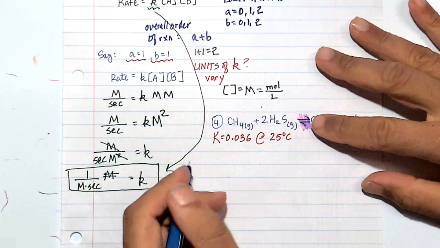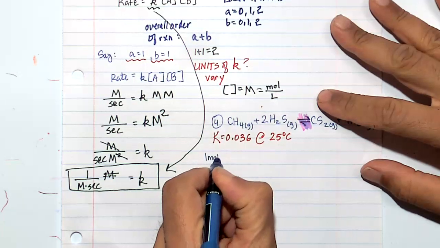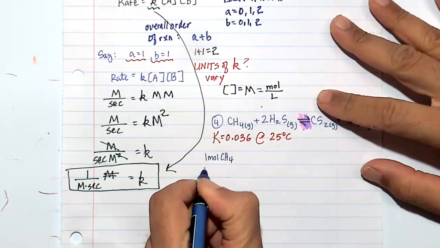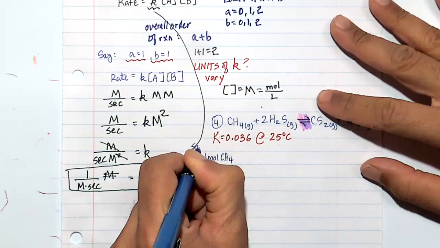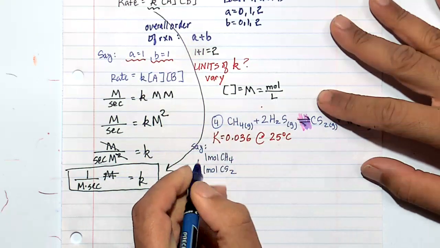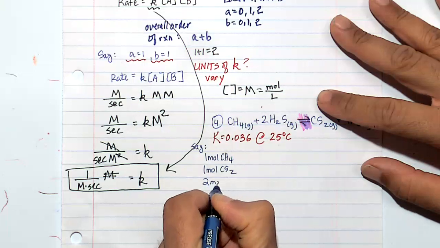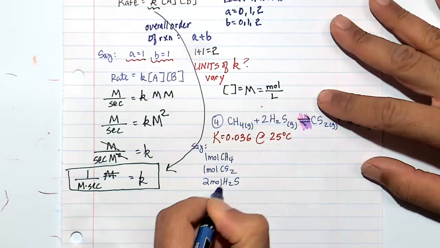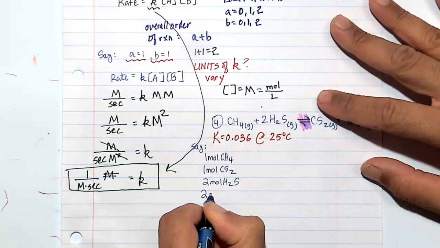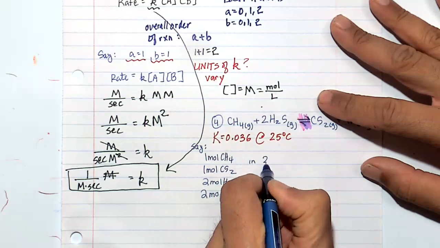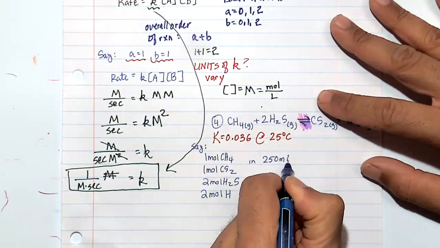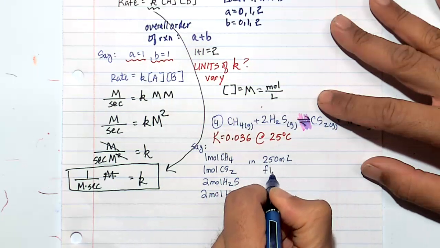Let's say we have 1 mole of CH4, 1 mole of CS2, 2 moles of H2S, 2 moles of H2. Okay, we have this in a 250 ml beaker or flask.